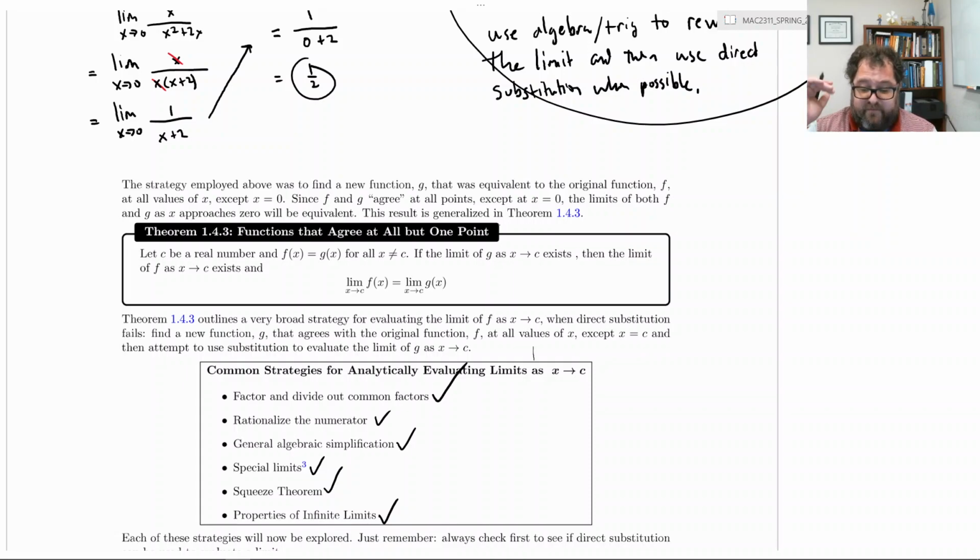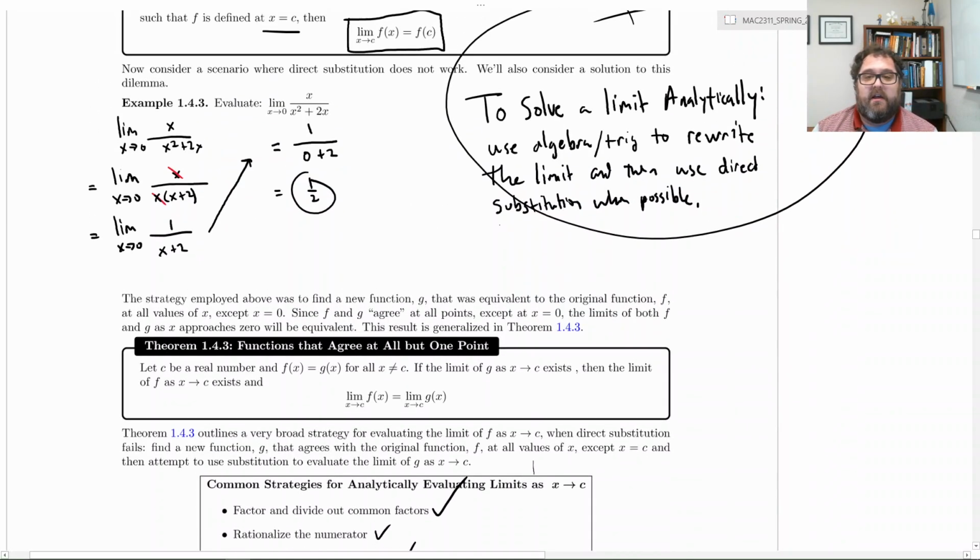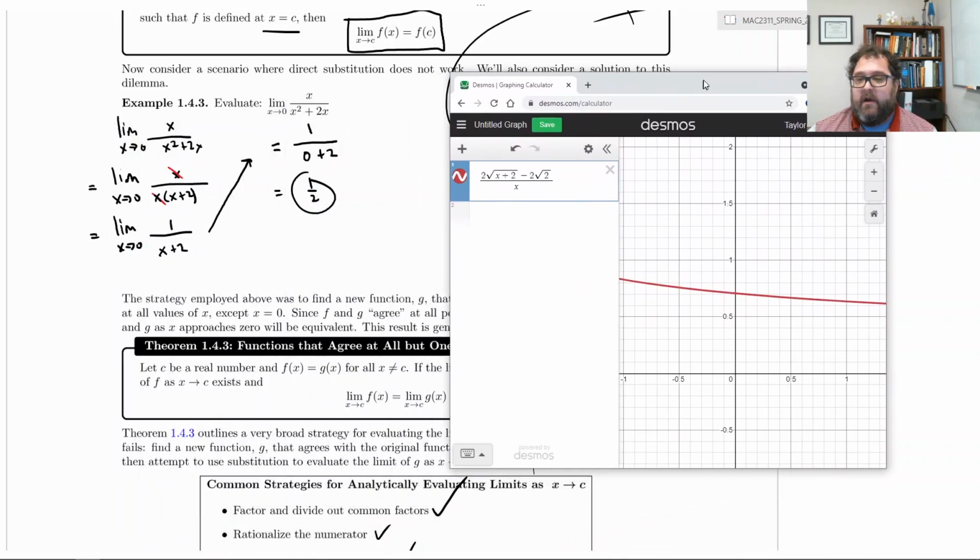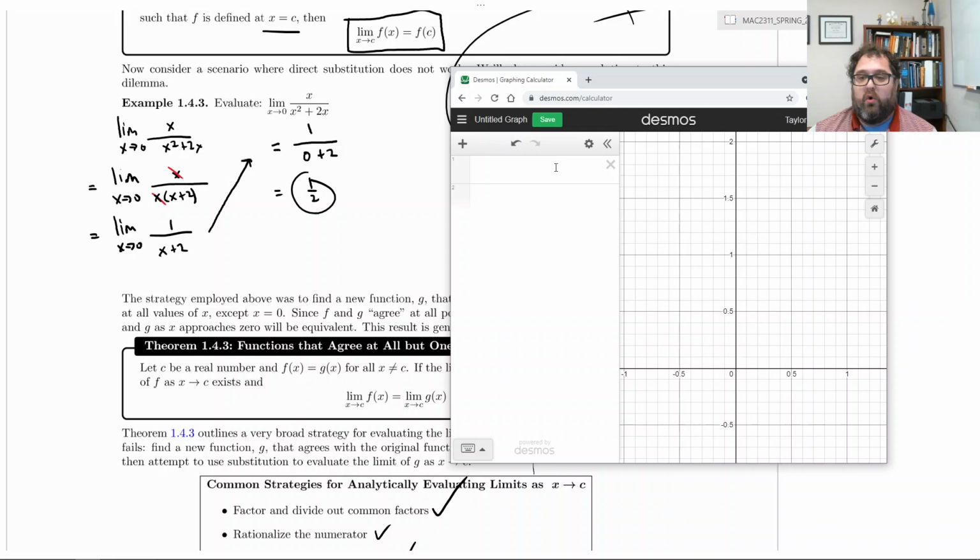So the idea is you're finding a new function that agrees with the original function everywhere except for a single point, at the point x equals c. So let's look at this. Our original function in example 1.4.3 was x divided by x squared plus 2x.